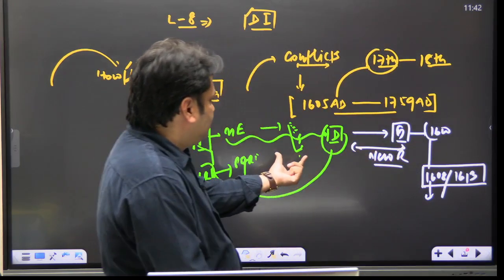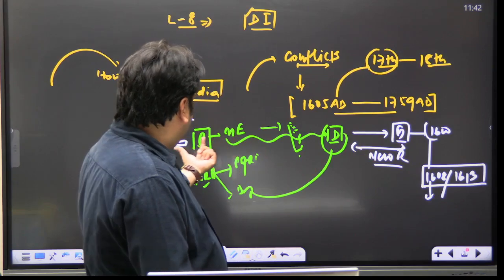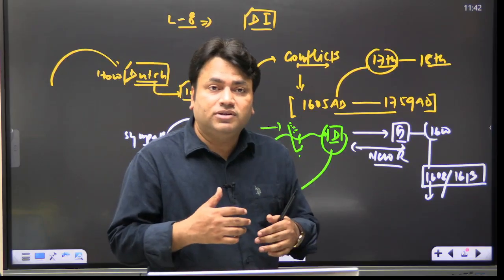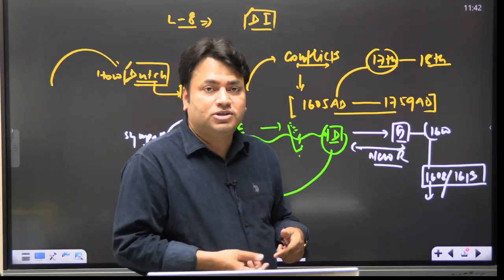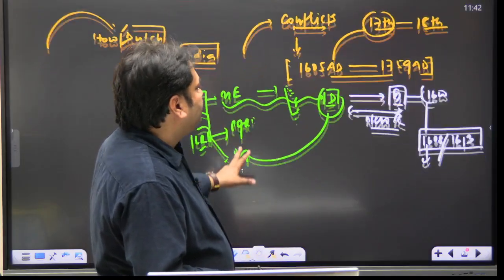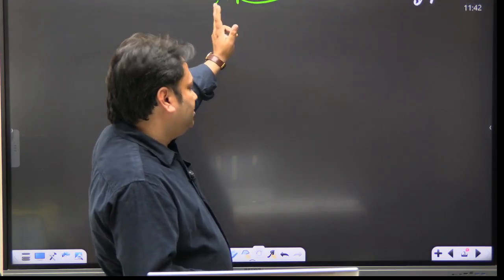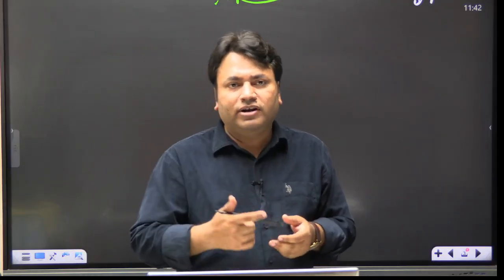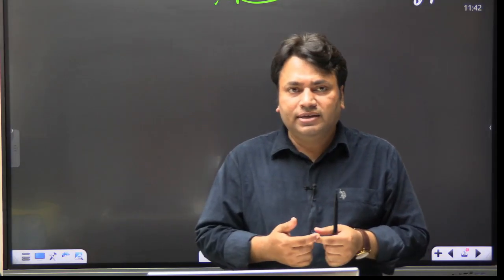On one side they have to fight with the naval dominance of the Portuguese. On the other side there are the British, and the Dutch will have to handle the British also. So the conflict which we are going to discuss has two aspects.